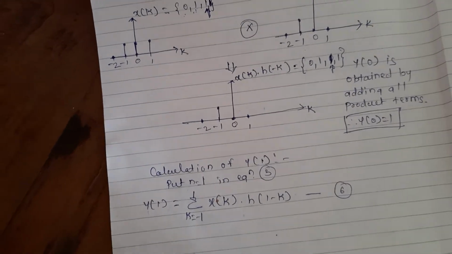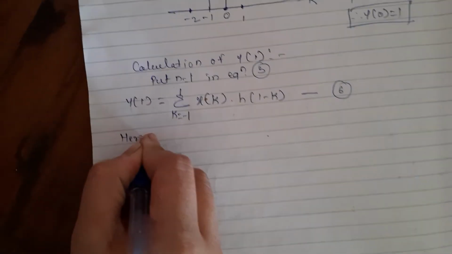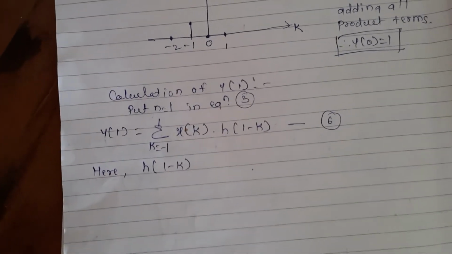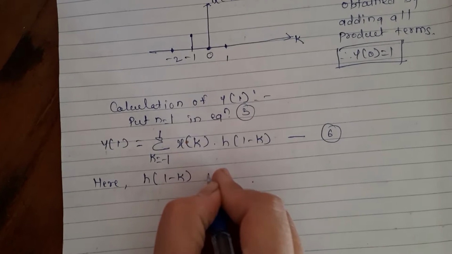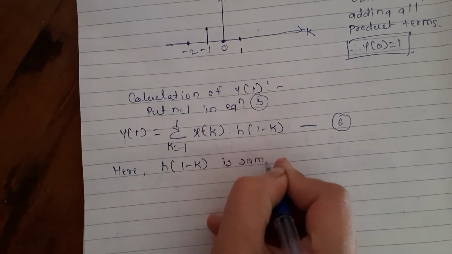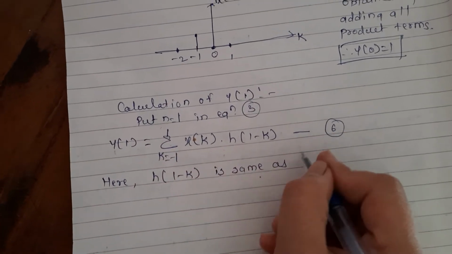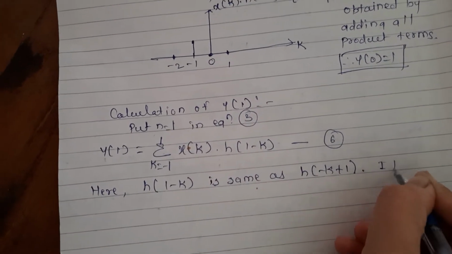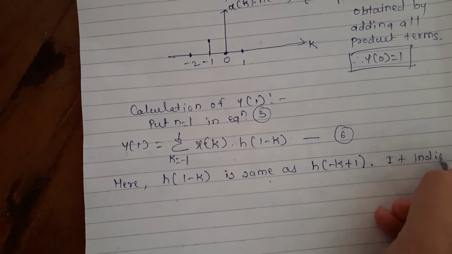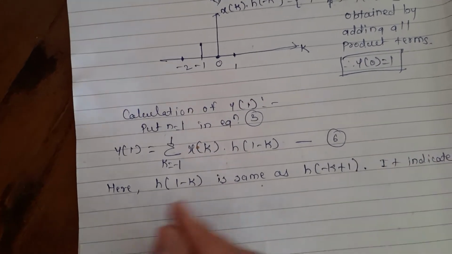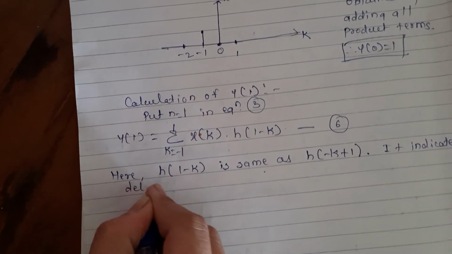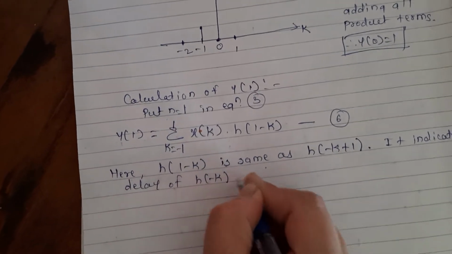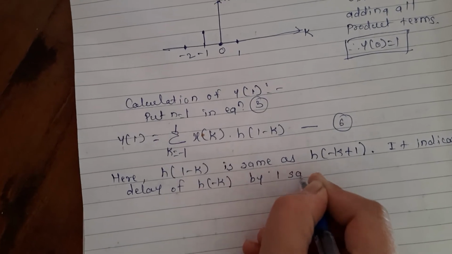Now we write here h of 1 minus k is same as h of minus k plus 1, and it indicates delay of h of minus k by one sample.